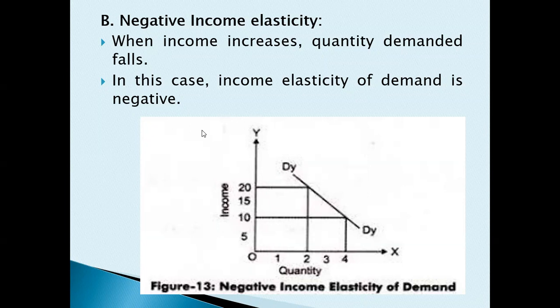For example, if my salary is 50,000, at that time I used to prefer shoes of Bata. Getting this? So I used to demand Bata shoes at my salary of 50,000. When my salary increases to 80,000, at that time I will not prefer Bata.